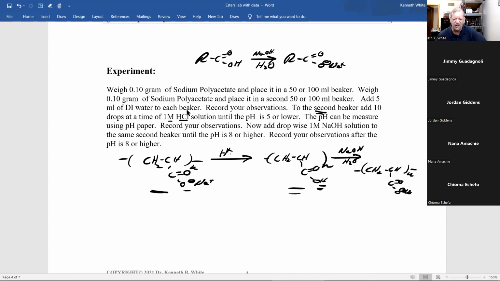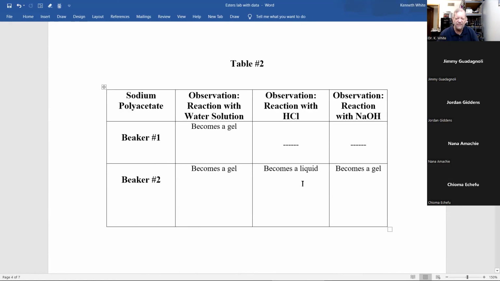Again, you started with this, changed it to this, brought it back to this. And if you look at the water in that beaker, it becomes all thick and viscous and goopy again. And if we scroll back down, you'll see, and I have better terminology, in both beakers, when you add the water to the sodium polyacrylate, sodium polyacetate, that should be acrylate, not acetate, well anyway, sodium polyacrylate becomes a gel.